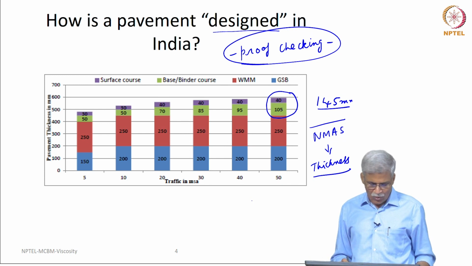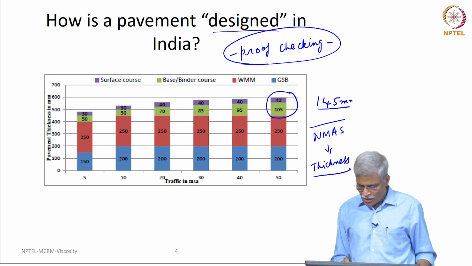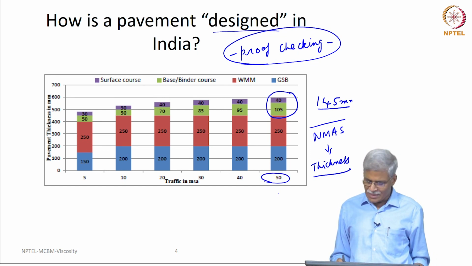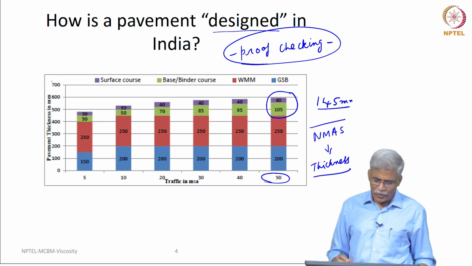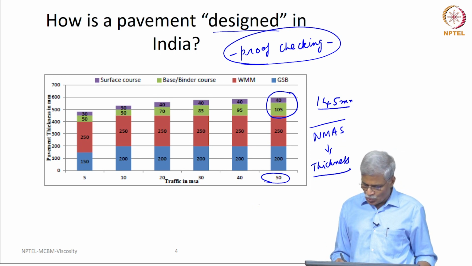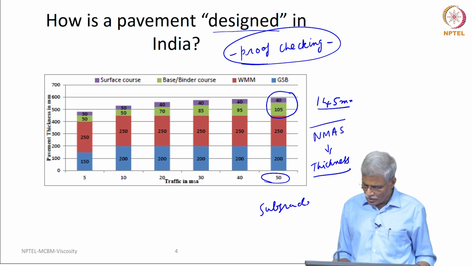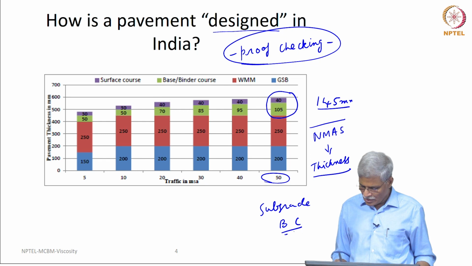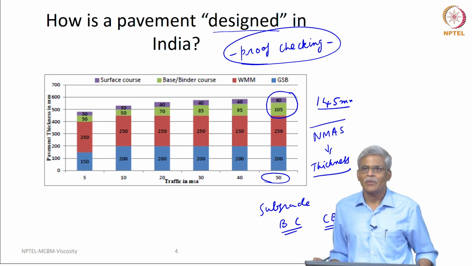So, as of now if you look at it, you see on the x axis the traffic in million standard axles, and on the y axis the thickness, and typically this will depend on the subgrade bearing capacity. In India it is used in terms of the CBR values.